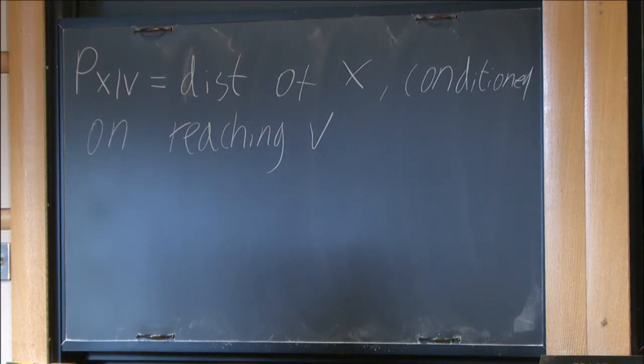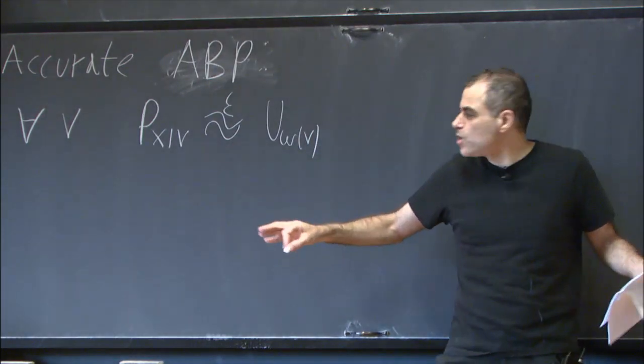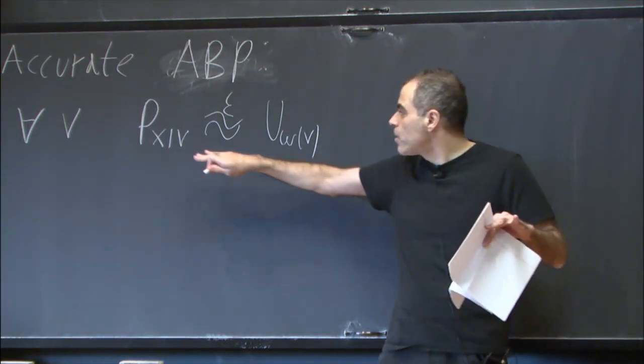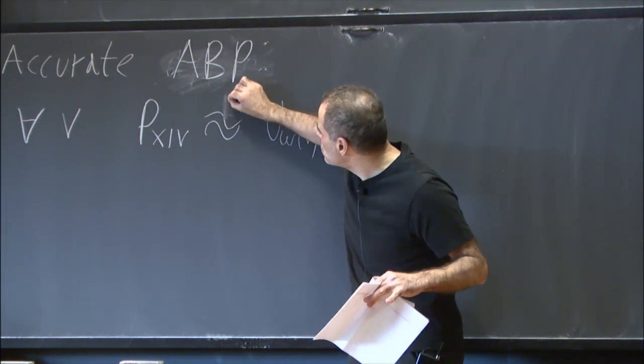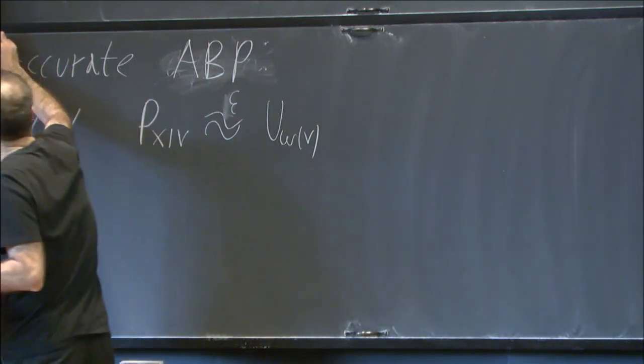It is an affine branching program such that for any vertex V, the distribution of X conditioned on V is epsilon close to the uniform distribution over W_V. Originally we only know that the support is in W_V, but it will be accurate if it's really close. Our epsilon will always be exponentially small. This is an epsilon-accurate affine branching program.